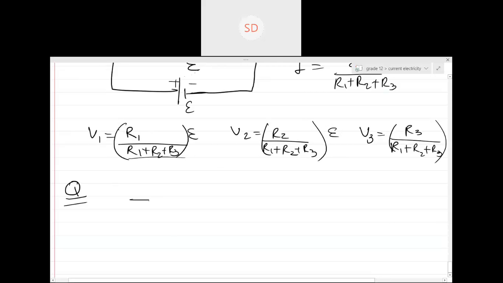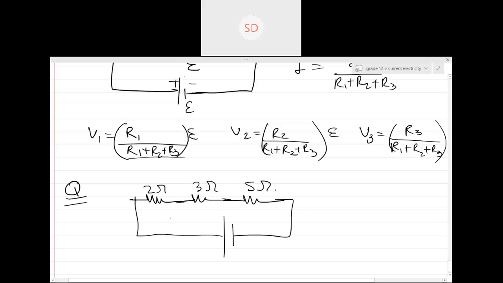Question. Suppose there is a resistance of 2 ohm, 3 ohm, and 5 ohm. And if someone says that this is connected across a 20 volt battery, then what is the potential difference across this 5 ohm? So what will you do? Will you be doing the whole conventional method, or will you be just directly applying the trick? And it does not matter whether 3 are there or 4 are there or many are there.